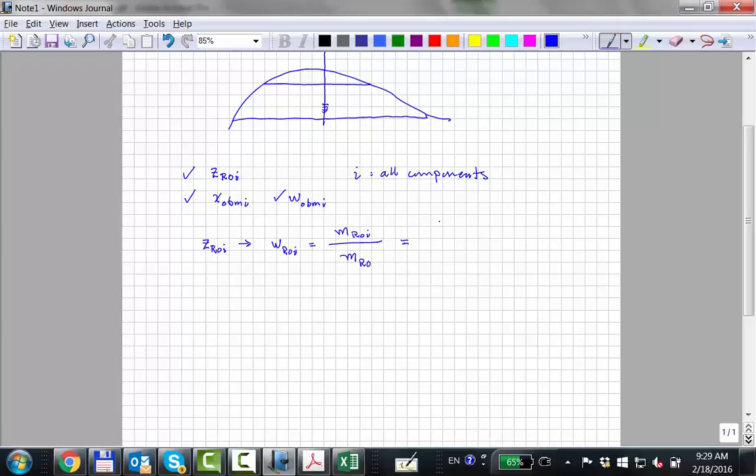So what's the relation to get mass? If we say we have 1 mole of the mixture, that's the moles of component i multiplied by the molecular weight of the component. That gives you the mass of that component, right? That's pretty straightforward, and it's just the sum of all of those.